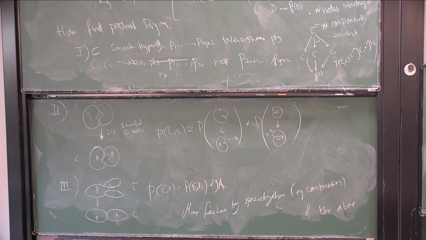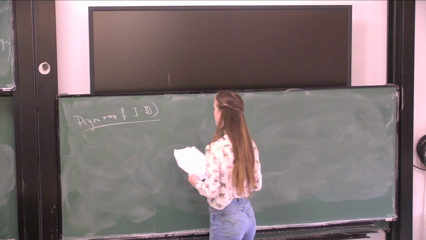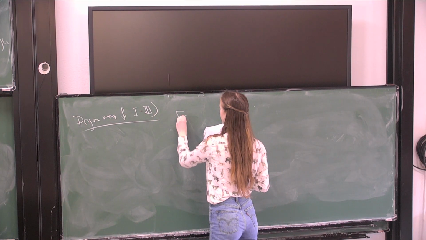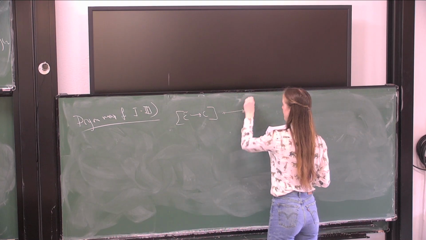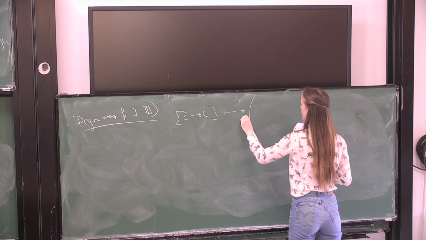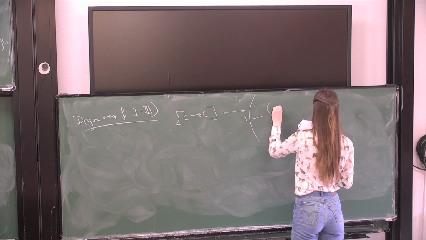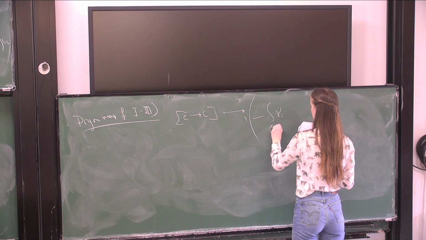Okay, so in these three cases, for 1 to 3, the Prym map can also be described now as a period matrix, where you take a double cover of a curve and you associate to it its period matrix that is given by some integrals of some differentials over some cycles.